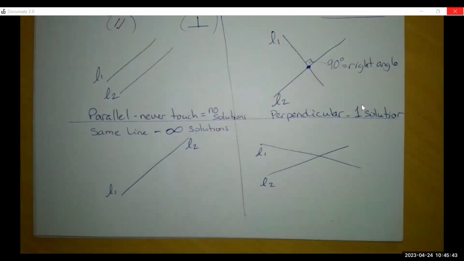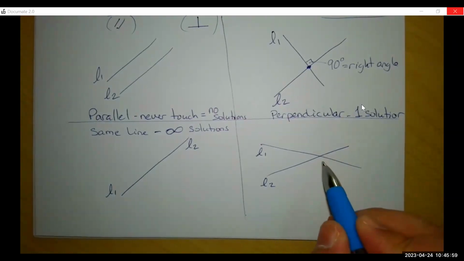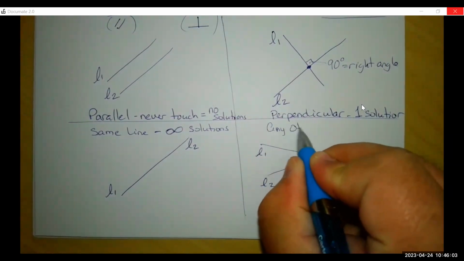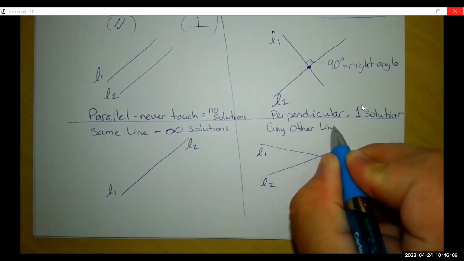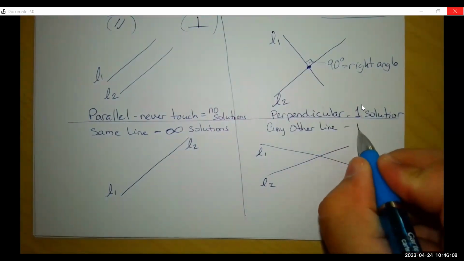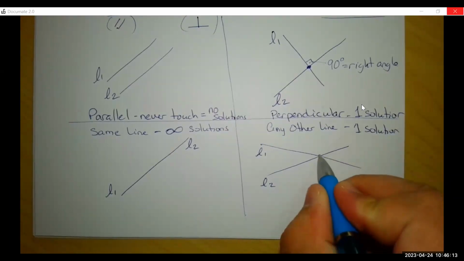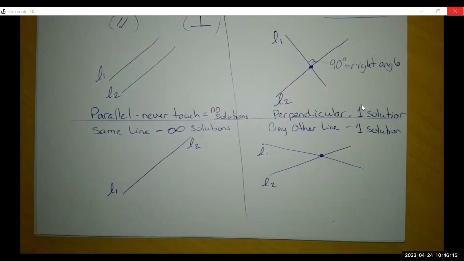Every point is a solution because they both share it. And the last one is any other line. It has only one solution, where they intersect.